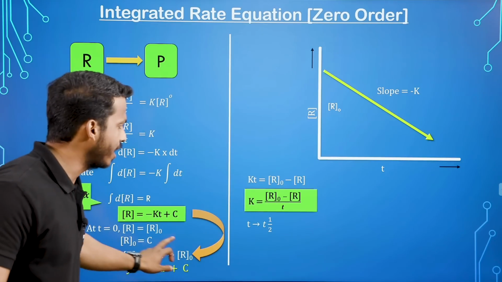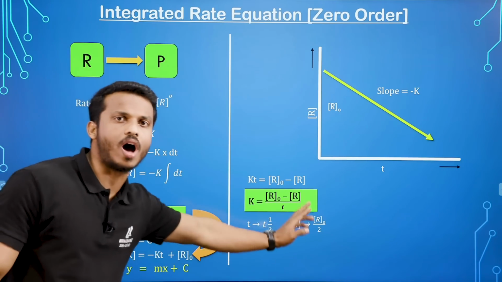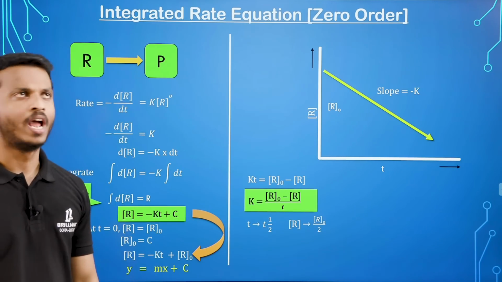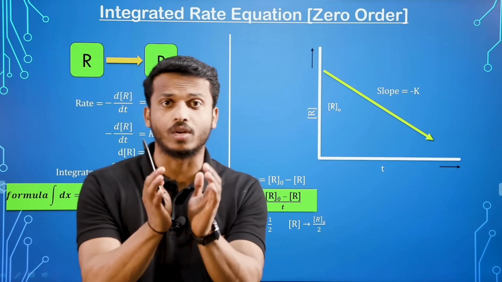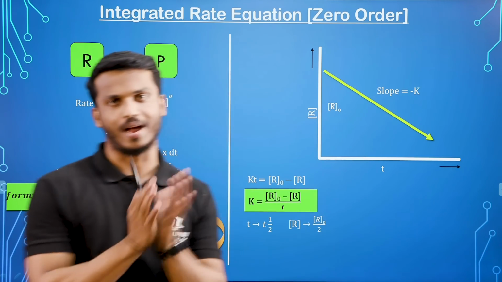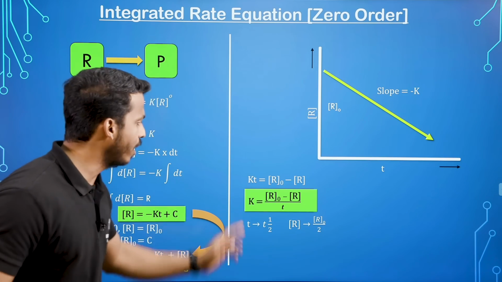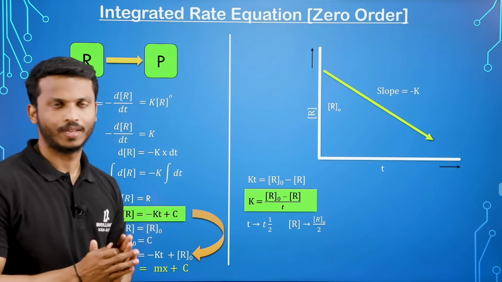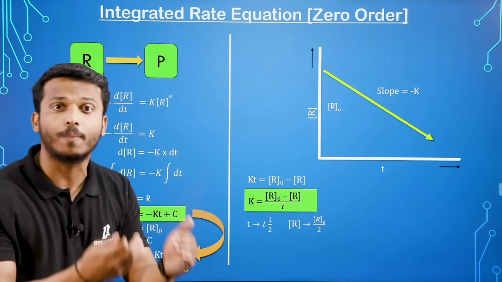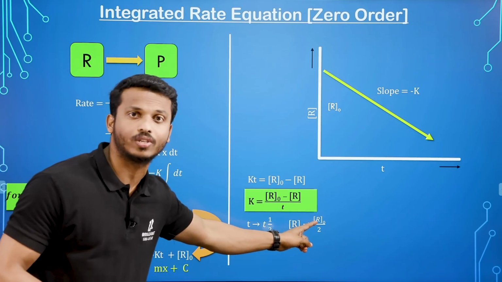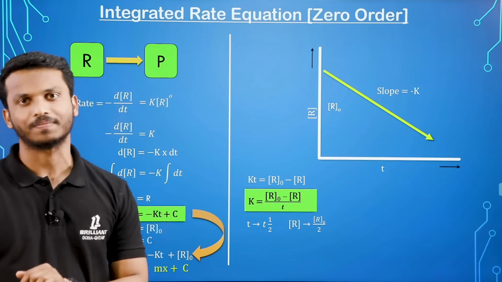Yes or no? So I can say R is equal to R naught by 2. Why, dear all? Initially you have 100 gram substance. How much time will it take to reduce to 50 gram? That is called half-life. So when time changes to half-life, what will be the concentration of reactant R? It becomes R naught by 2. R naught is the initial concentration. Its half will be there.